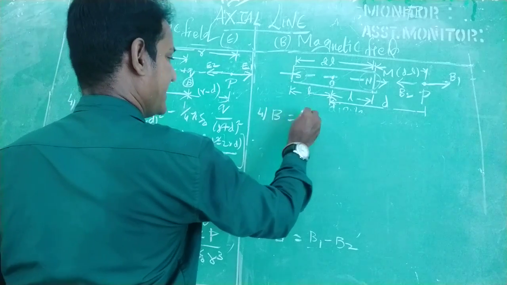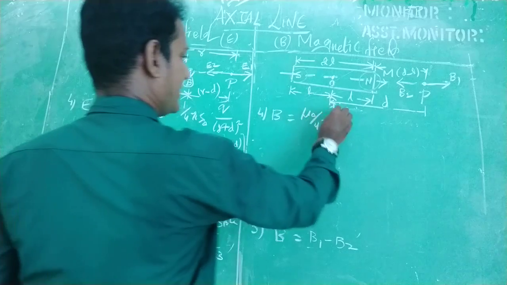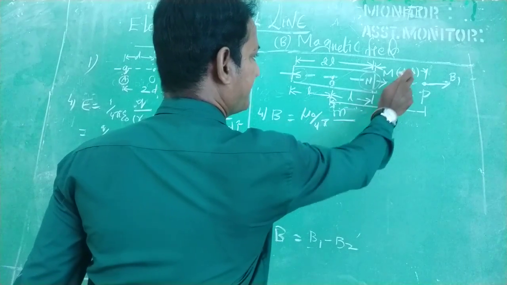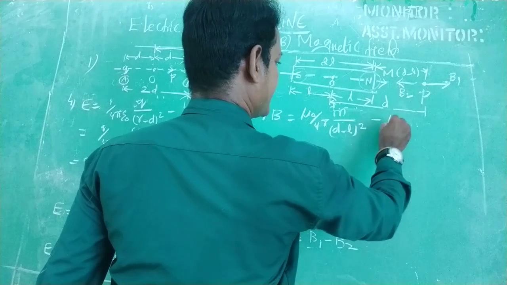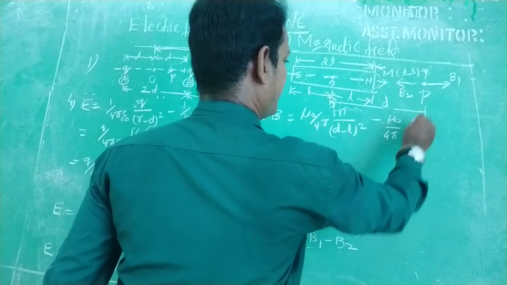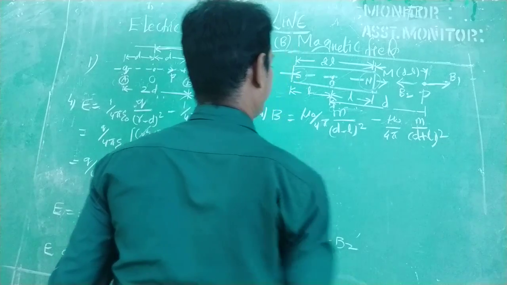And here B is equal to mu naught by 4 pi m by (d minus L) the whole square minus mu naught by 4 pi m by (d plus L) the whole square.